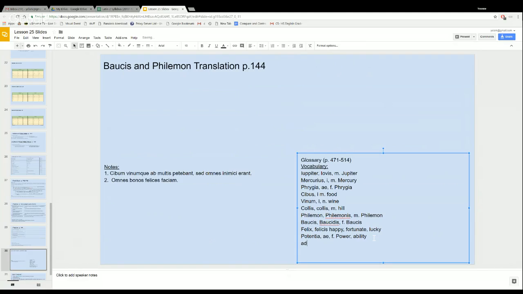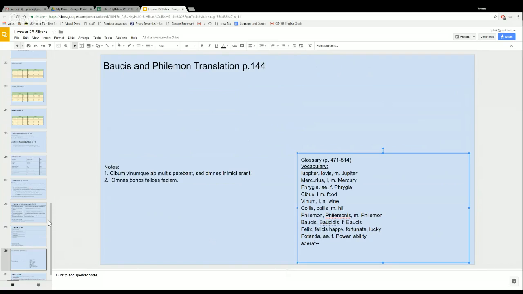How would we translate aderat in this sentence? Does anybody have an idea? This is where I'm going to have you guys look this up. Where does aderat come from? Let's look it up in the back of the book. Let's start on page 471.